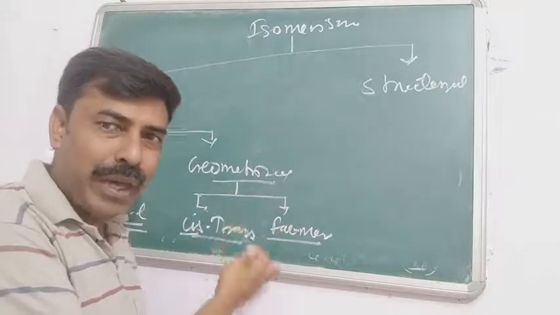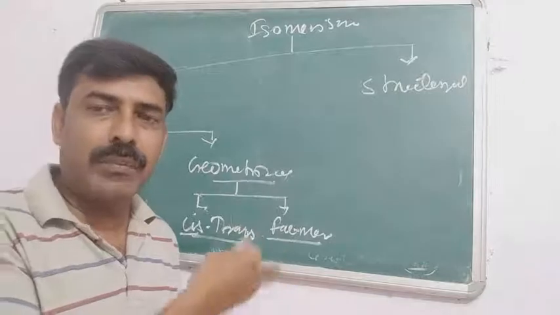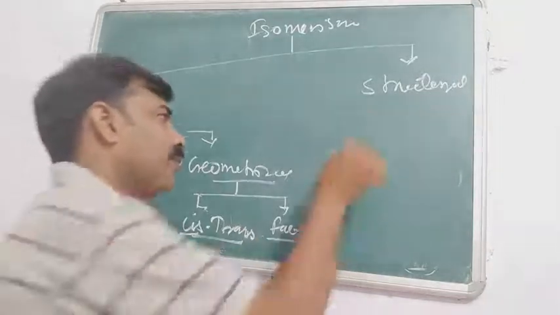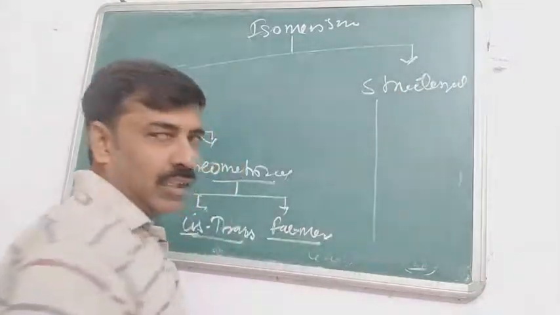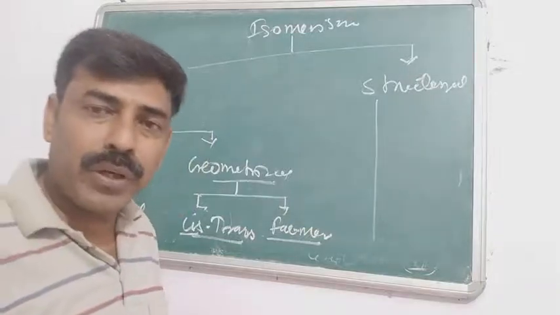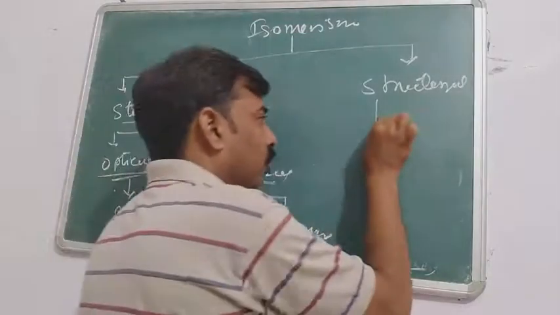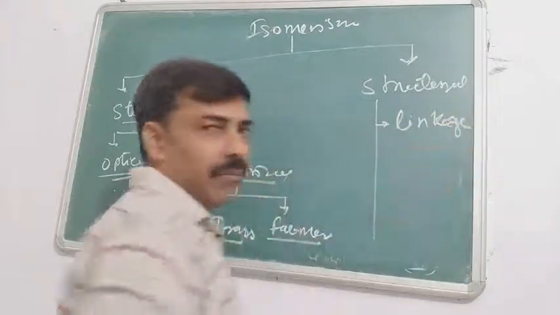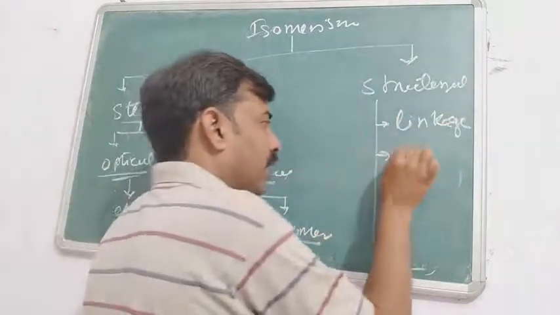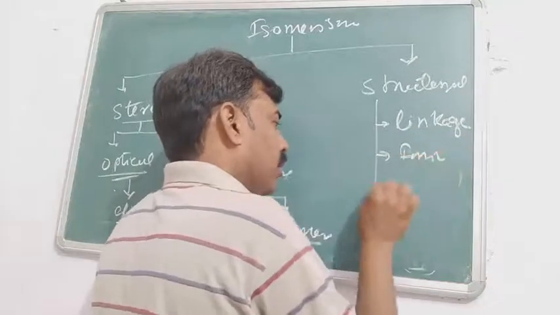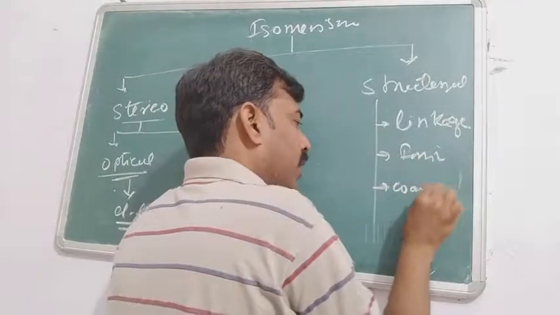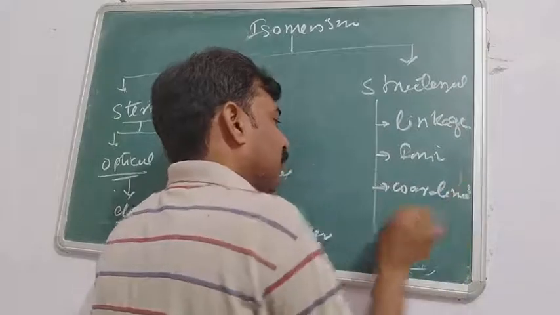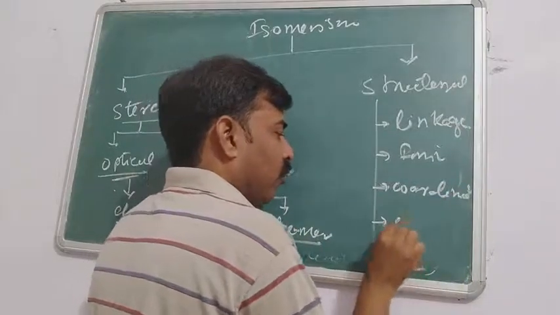So here we have the Fac-Mer isomerism, facial meridional isomerism. And in structural isomerism, there are four different types. The first one is the linkage isomerism. The second one is the ionic isomerism. The third one is the coordinate or coordination isomerism, and the last one is the solvate isomerism.